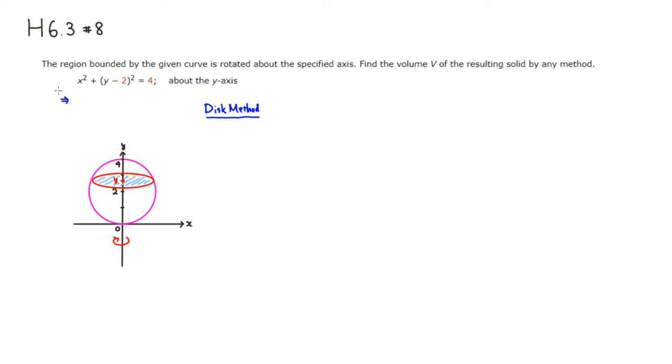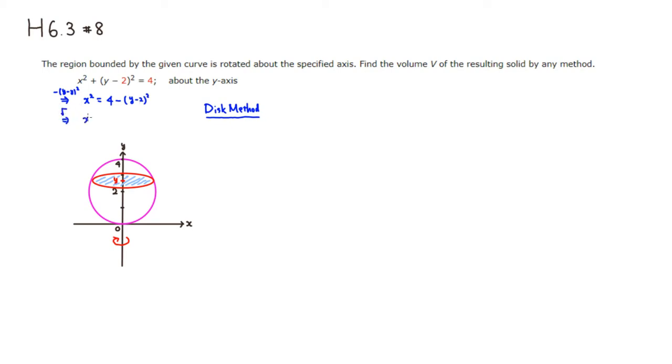I'm going to just subtract the quantity (y minus 2) squared. So the equation becomes x squared equals 4 minus (y minus 2) squared. Then we can just take the square root of both sides.